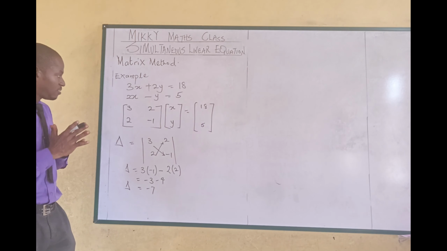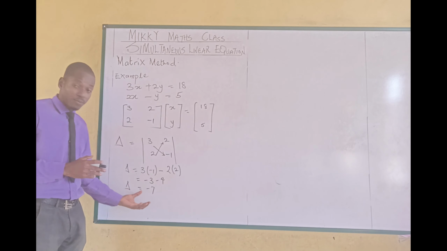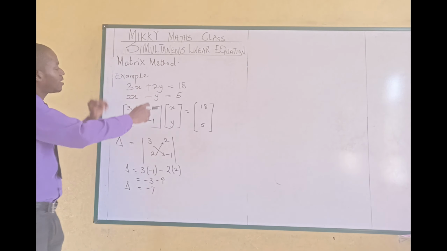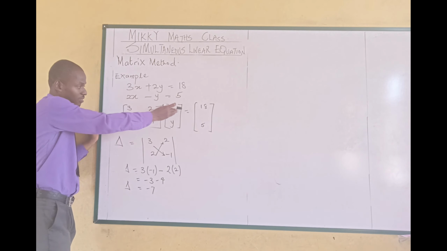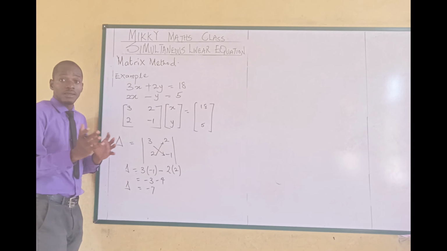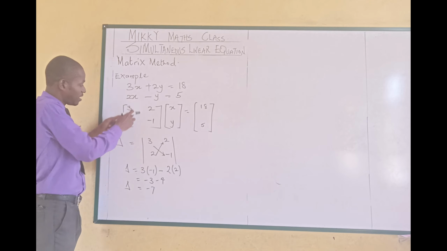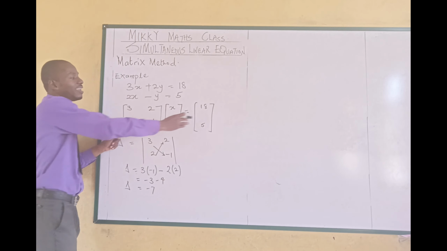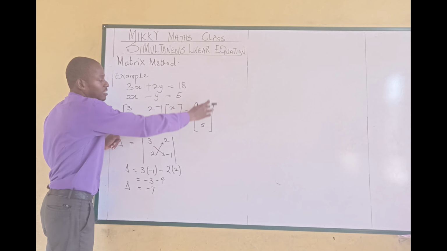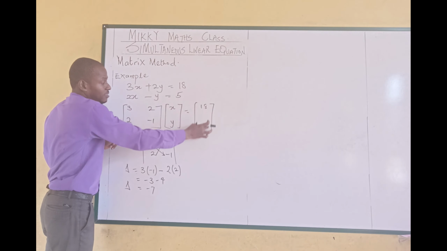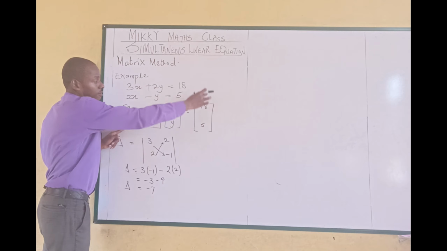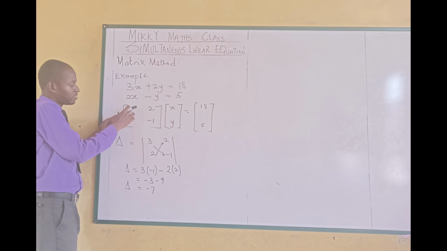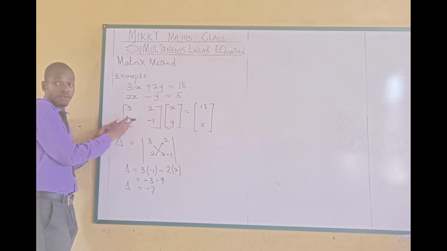The next thing after we found the determinant is to look for the determinant of x. The first column represents x. Replace the numbers here by the numbers in the constant matrix, that means I replace 3 and 2 by 18 and 5.